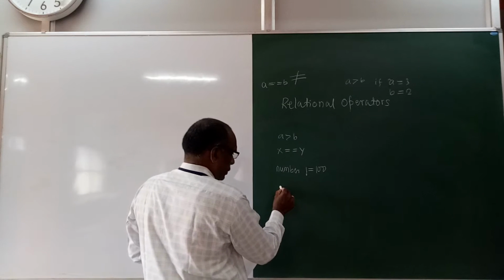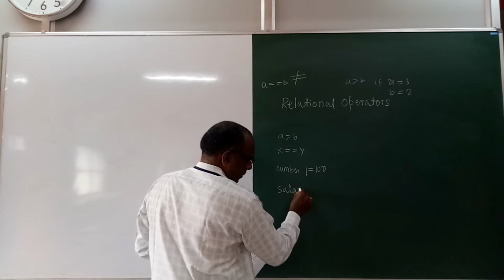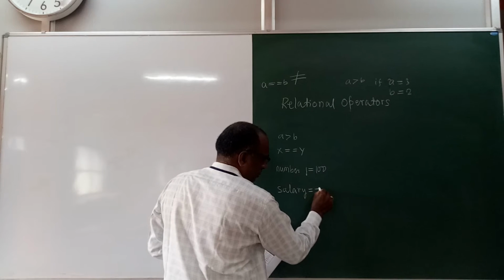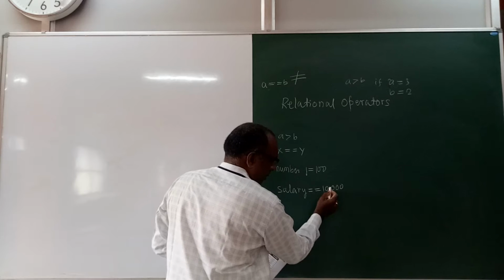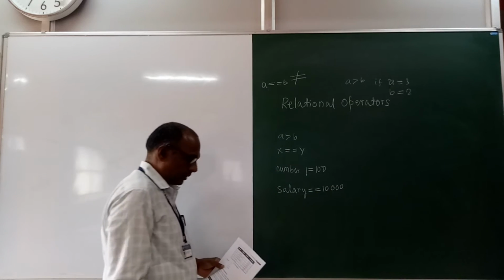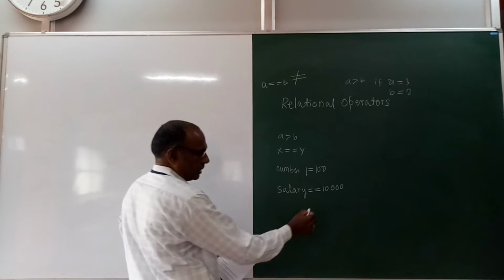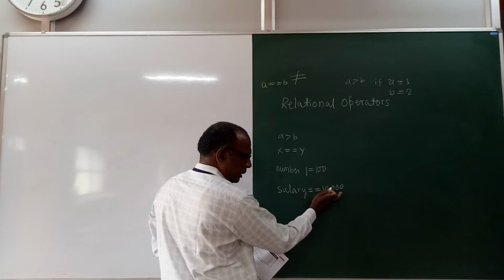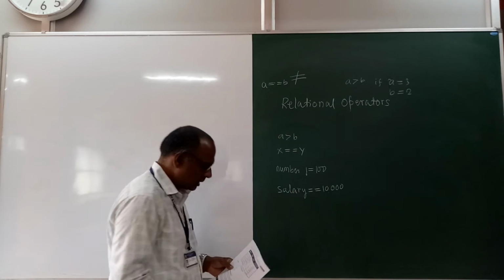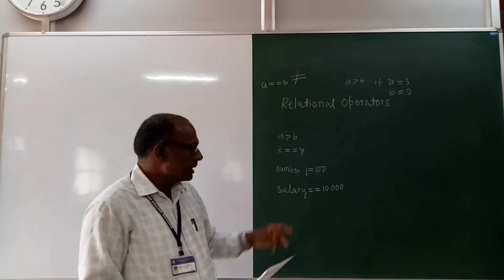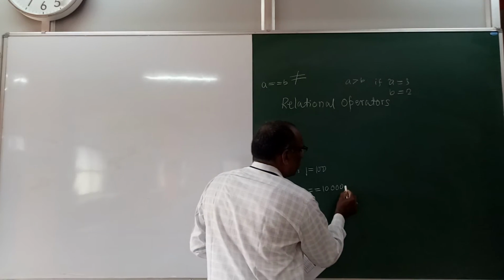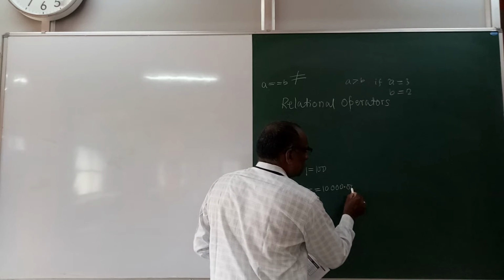I'll write salary equal to, say, 10,000. You need not write a comma here. It is not allowed. In usual usage we use it, but here it is not allowed, since salary may be a floating point number.